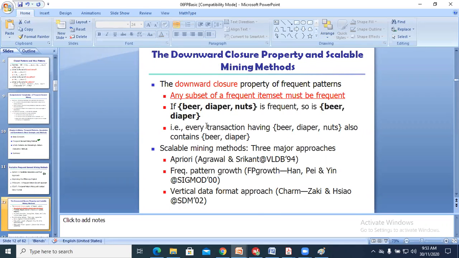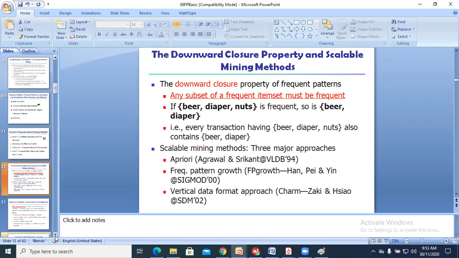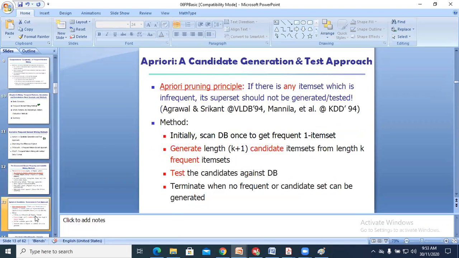In other words, every transaction having beer, diaper, and nuts also contains beer and diaper. We will use this closure property in the Apriori algorithm.